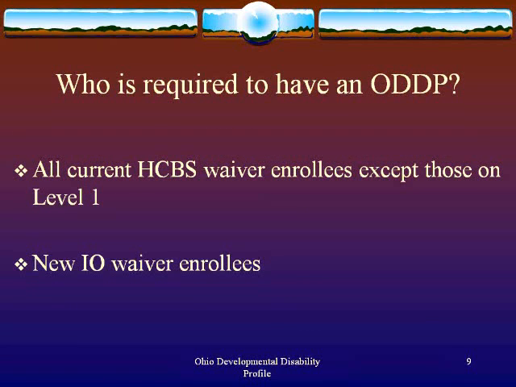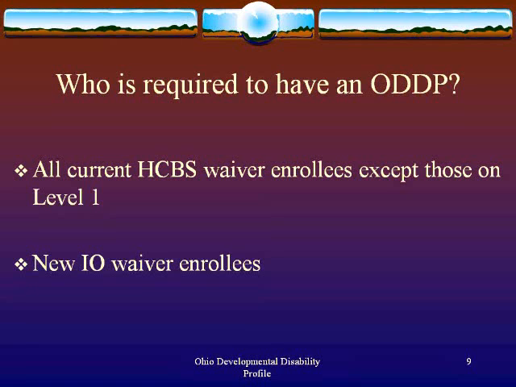Okay. Who is required to have a DDP? Anybody who's on the IO waiver, the home and community-based IO waiver. Now, you don't need one for level 1, because right now level 1 is a set funding range. And if we develop any other waivers to be administered by the department, at that time we will have to determine whether that waiver would need the DDP or not.